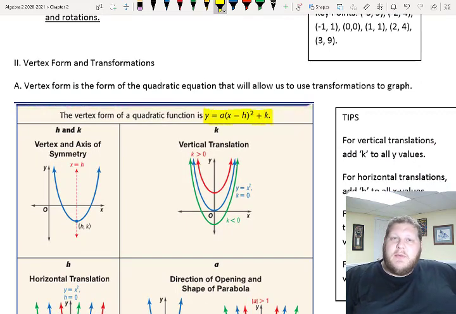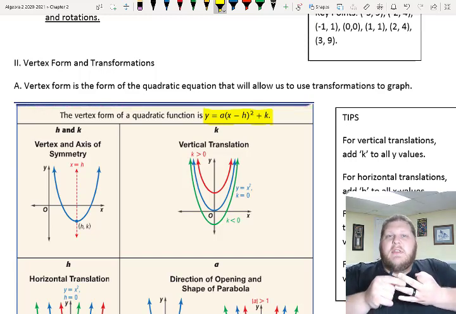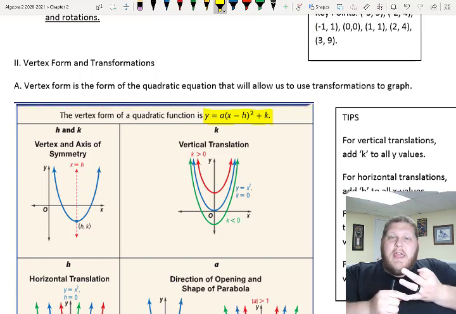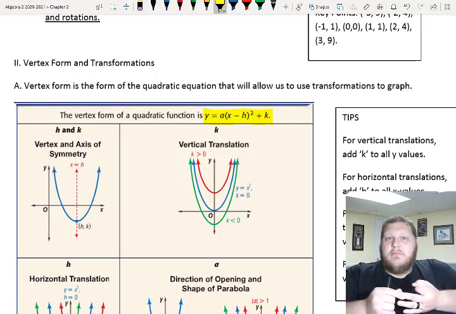What vertex form is doing is giving us the vertex, as you would expect from an equation titled the vertex form. And it's just taking those different transformations we talked about last chapter and putting them together into just one single formula. So in this, you've got three different numbers that affect your graph: a, h, and k.